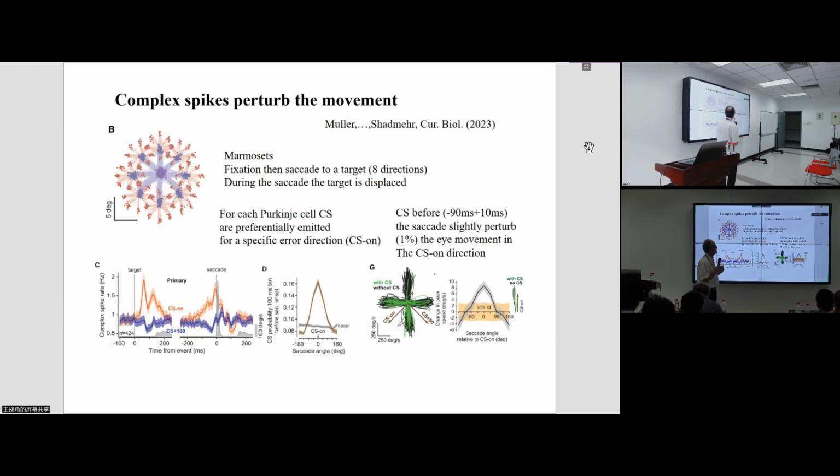But they show that sometimes in their recording they have two Purkinje cells that are perturbed at the same time and have the same preferred direction, and then the perturbation is more than double. Okay, so that's the first thing.